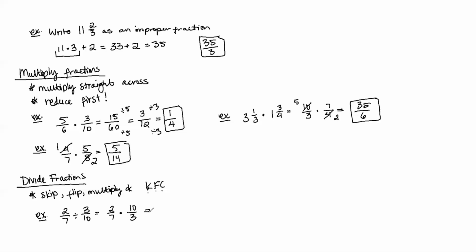And now it's exactly like we just did. So let's go ahead and check to see if we can reduce anything. 10 and 3 can't reduce, 10 and 7 can't, 2 and 3 can't, 2 and 7 can't. And we can't reduce directly across. It has to be in a numerator and denominator. So 2 times 10 gives us 20, and 7 times 3 gives us 21. So 20 over 21.